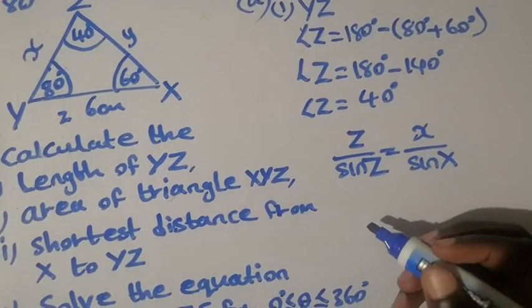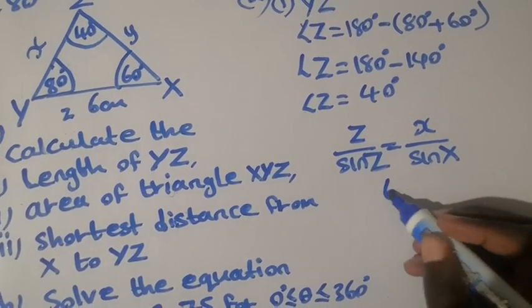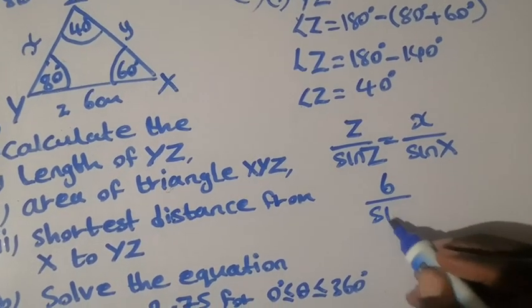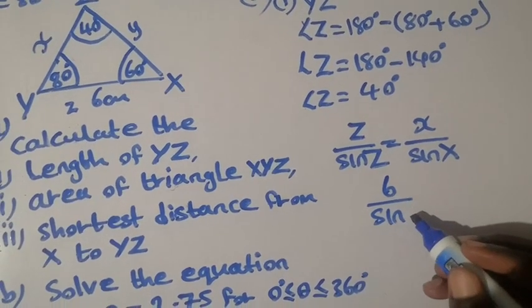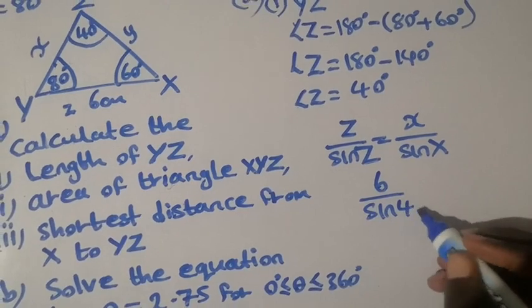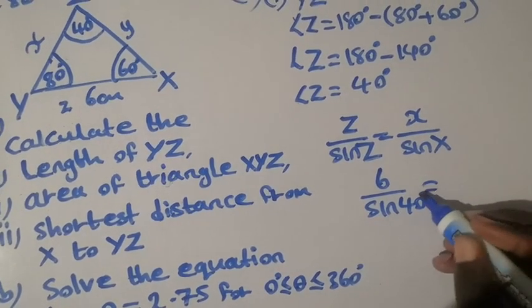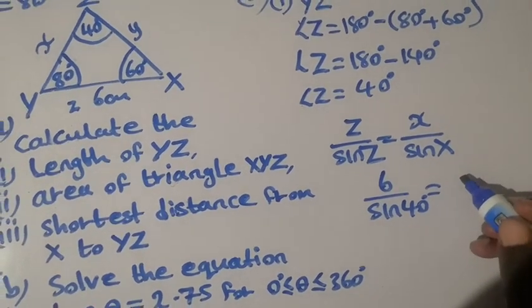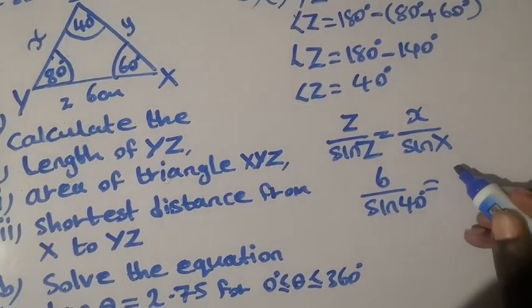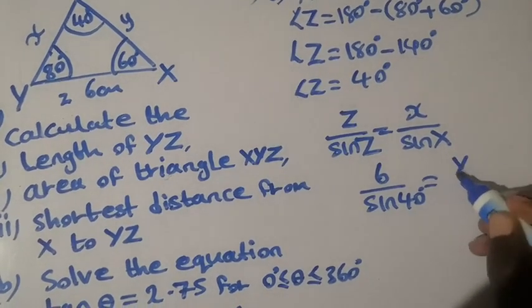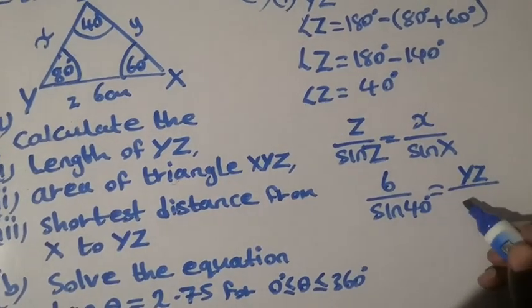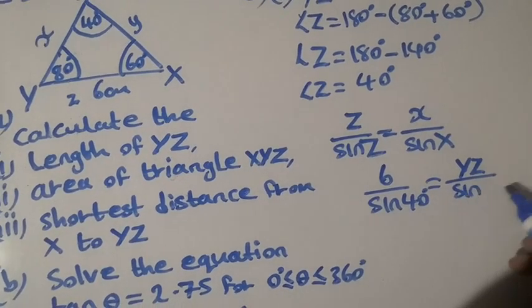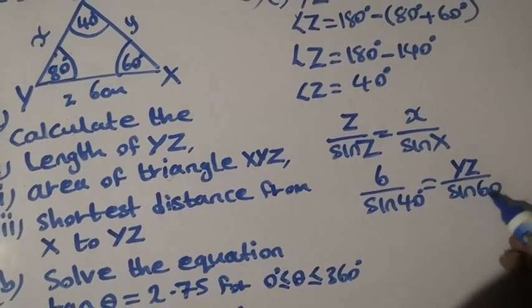Where small z is, we replace with 6 over sin Z, which is 40, equal to x, our subject. We can even replace it with YZ over sin X, which is 60.